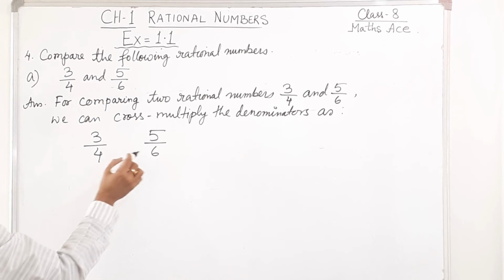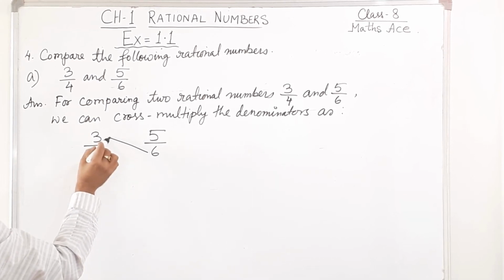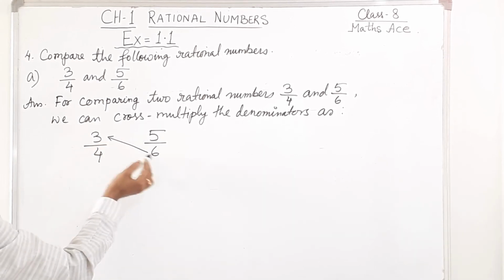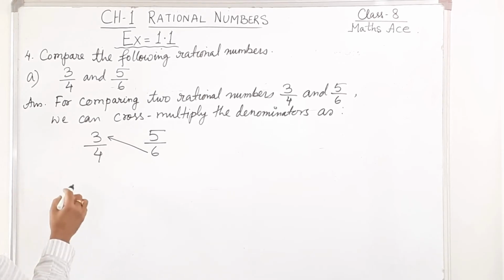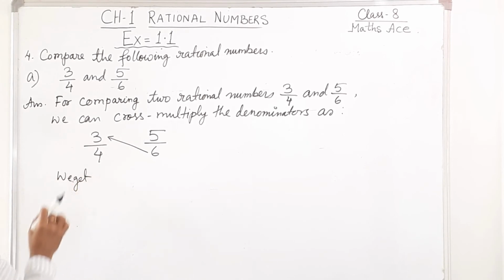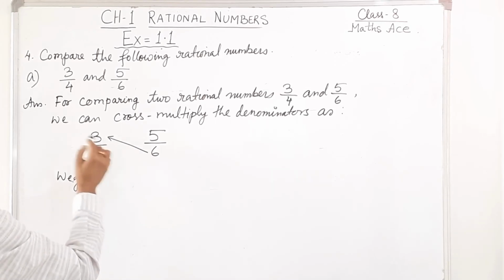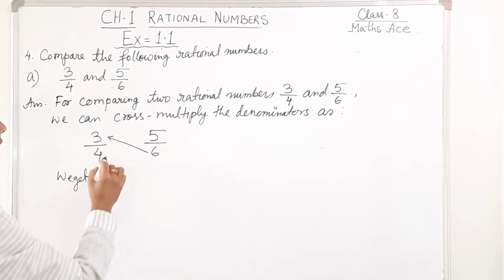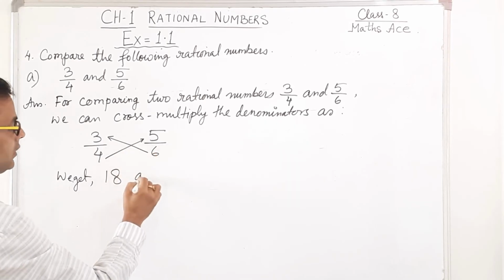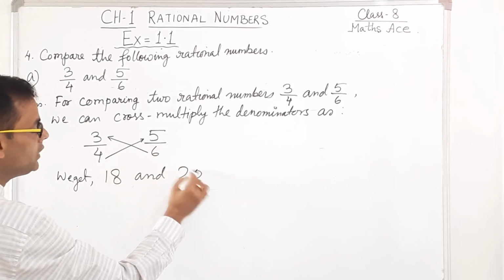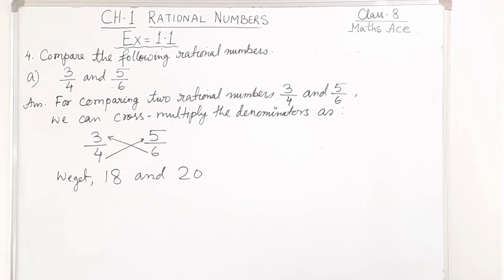Now see nicely students, so this into this denominator will multiply with this numerator. So how much we get? So we get 6 3s are 18, and this into this, what we get? 20. 4 into 5, 20. Okay.